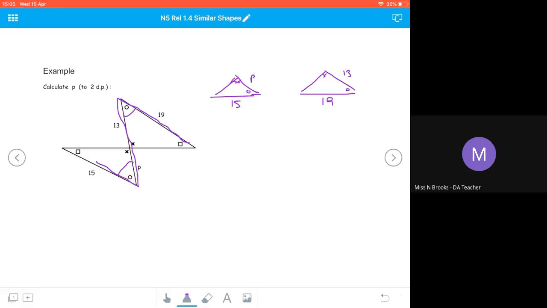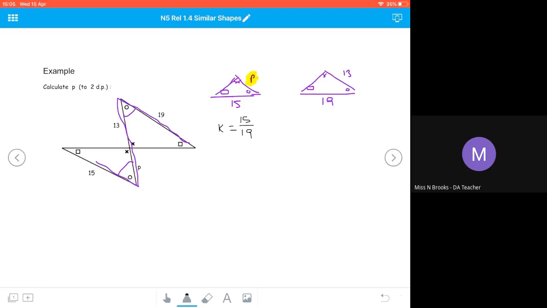And if I want to, for completeness, mark in my square, then I can do. So my missing value this time is on the smaller triangle. So I'm going to find my k value by doing 15 over 19.